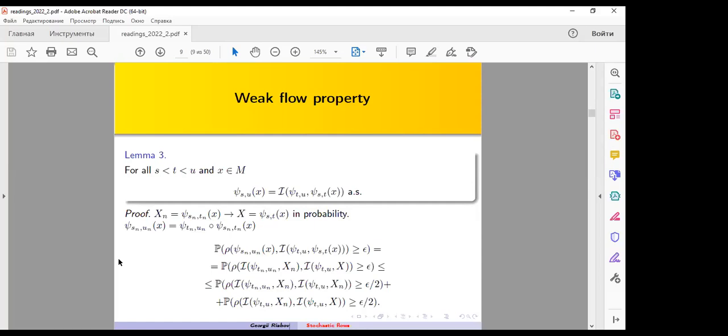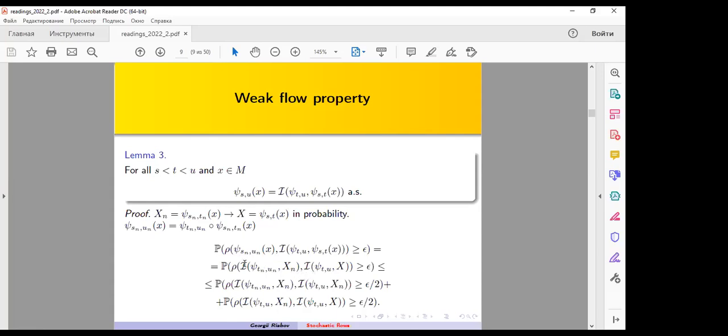Let's look at its flow property. We need to show that psi su equals the composition of psi st and the measurable presentation of psi tu. Denote by xn the approximation of x, which is psi st of x. We know that xn converges to x in probability, and we also know the flow property for psi on dyadic numbers. Now, if we look at the probability that psi Sn un is at distance epsilon from this composition, we can rewrite it as follows.